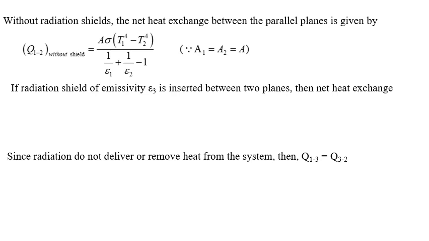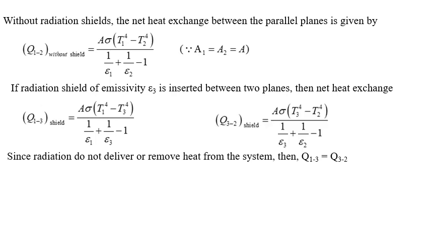If a radiation shield of emissivity epsilon 3 is inserted between the two planes, then the net heat exchange Q1-3 is A into sigma (T1 to the power 4 minus T3 to the power 4) divided by 1 by epsilon 1 plus 1 by epsilon 3 minus 1, and Q3-2 is A into sigma (T3 to the power 4 minus T2 to the power 4) divided by 1 by epsilon 3 plus 1 by epsilon 2 minus 1.